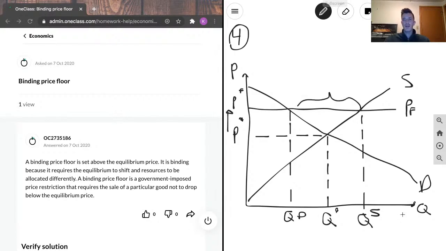Because the quantity supplied is so much more than the quantity being demanded, that will leave us with a surplus.